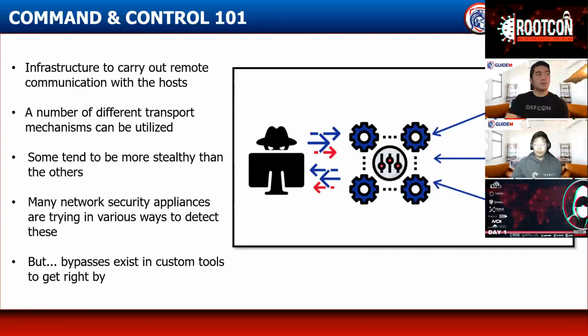So there are many ways, as we said earlier, to leverage different protocols. Some tend to be more stealthy than others, and sometimes they also leverage current exploits or 0 days. They also tend to bypass existing tools and modify tools that are currently available as well.